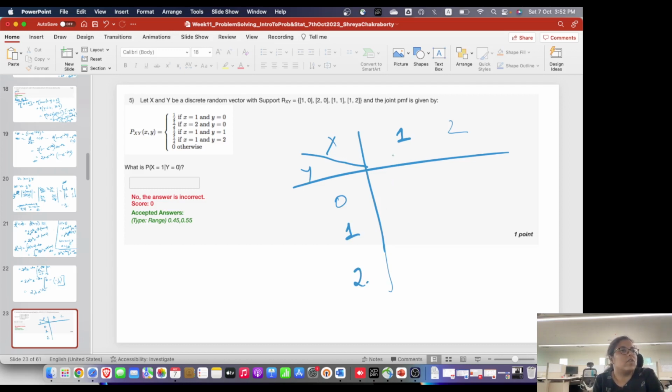Okay, so the 1 0 combination has probability 1/4. 2 0 is also 1/4.